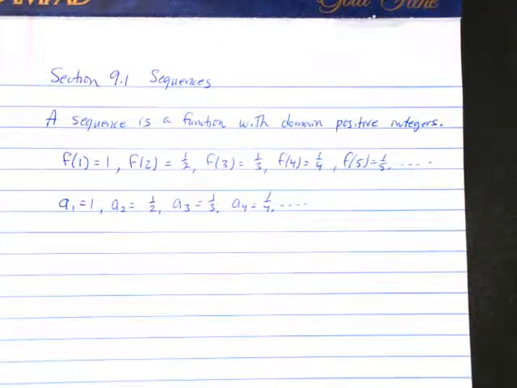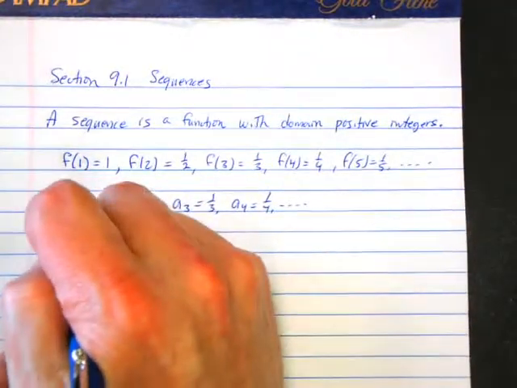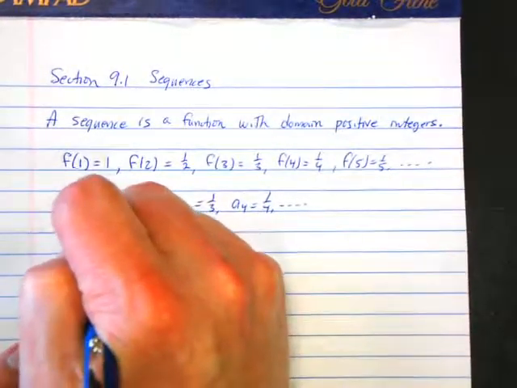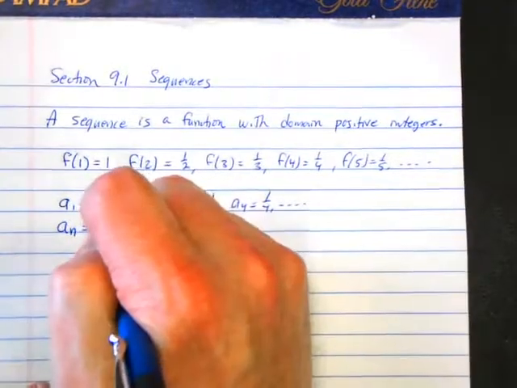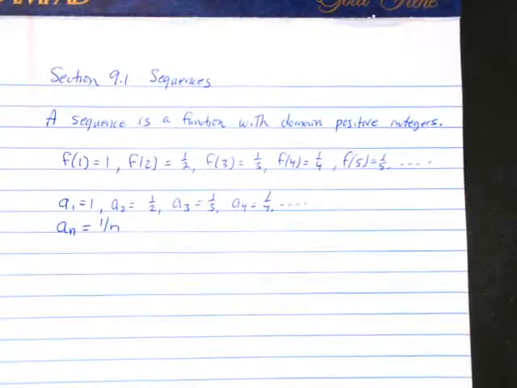Or even more generally, we just give a formula. We might write a sub n is 1 over n. So that's how we generally write sequences in math. Questions on that?